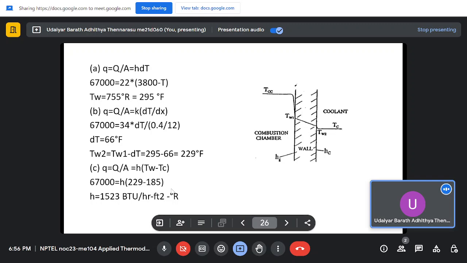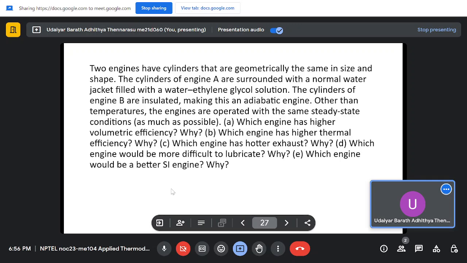So moving on, we'll see a reasoning problem. We have two engines with cylinders that are geometrically the same in size and shape.